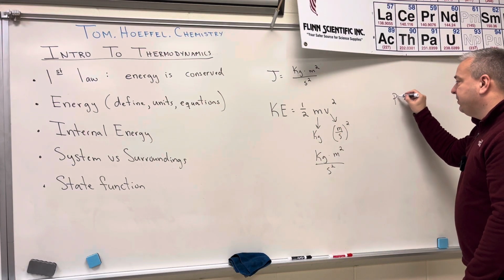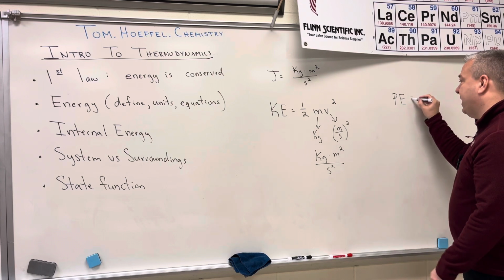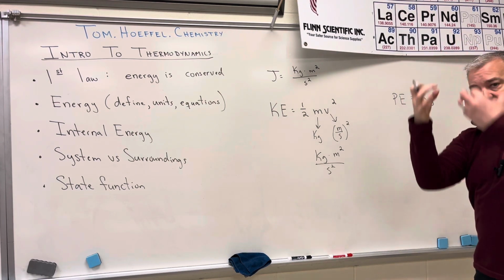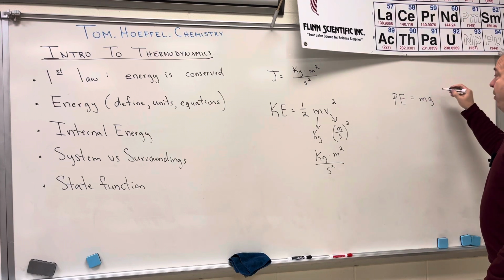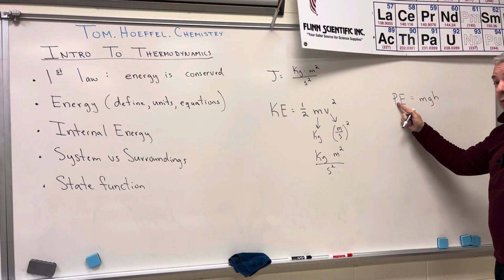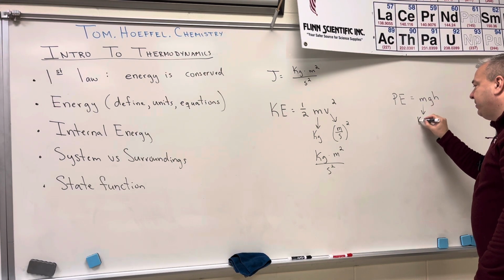This is also true for potential energy. Maybe from a previous science class, you remember that potential energy is the mass times the gravitational force and also how high the object is. The higher the object, the more potential energy. But that mass has to be in kilograms.